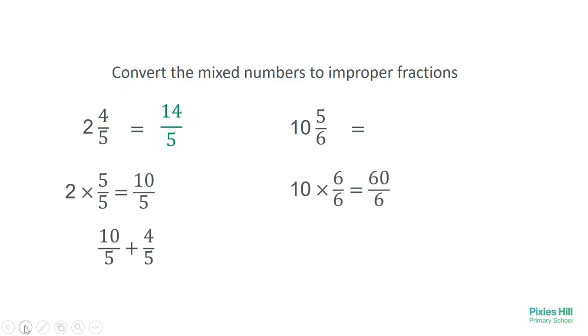Again, in the next example, 10 times 6 would equal 60, or 60/6. And then if we add on our numerator, 5, would give us a final answer of 65/6.